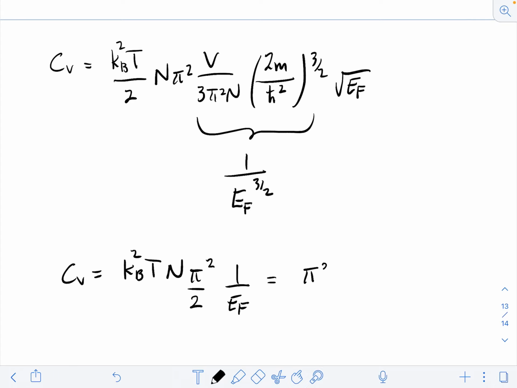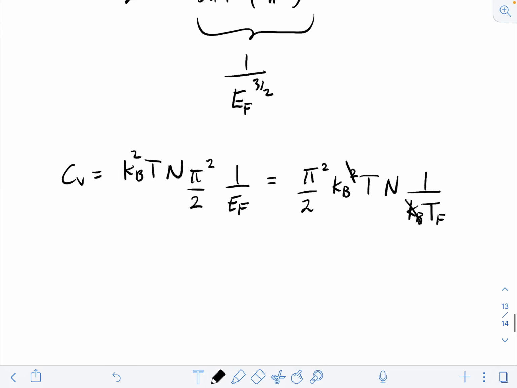Okay, so at last, pi squared over 2. Let's write this as kB squared T. There's an N, and the Fermi energy we could write in terms of the Fermi temperature. So we could cancel one factor of kB.